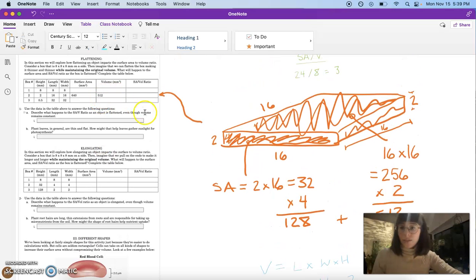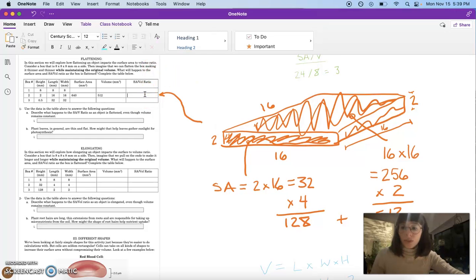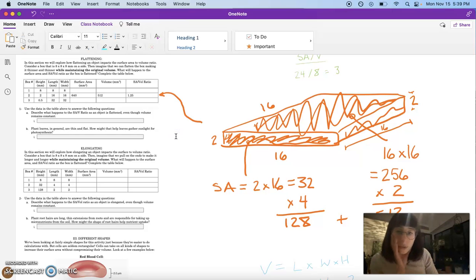So 512. And to calculate that ratio, we're just going to take the surface area, which is 640, and divide it by the volume, which is 512. I don't think that was right. 640 divided by 512. It's going to be 1.25. Okay, so that is how you do the math. Hopefully that's helpful.